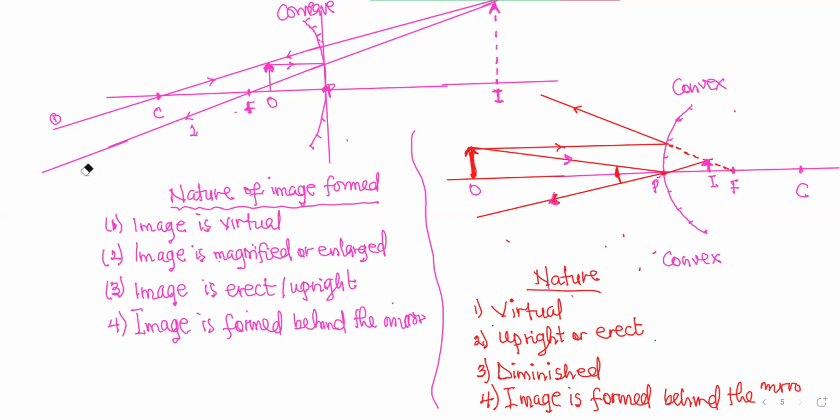Whereas for a concave mirror, the image formed depends on the location or position of the object. The only situation where a concave mirror would form a virtual image is when the object is between the pole and the principal focus. If you have any question, ask.